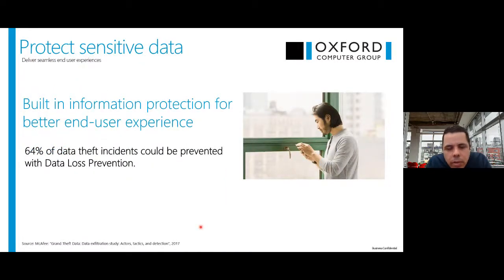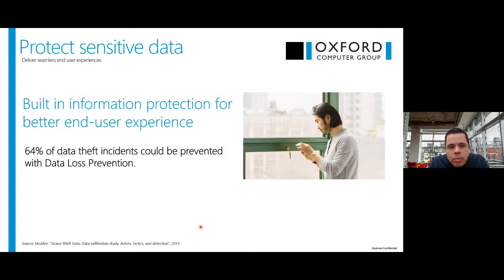And finally, in this area, when it comes to protecting sensitive data, that's great that you have, if you went through the steps here, you've enabled some of these self-service tools. You have single sign-on configured. You have conditional access configured, so they're not accessing the information without the security controls.